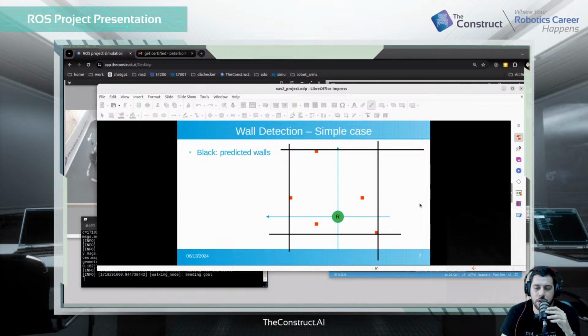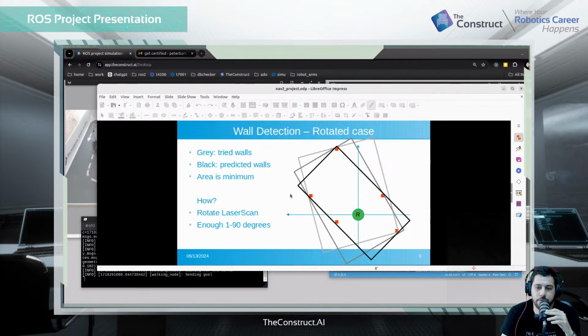Maybe the robot is not parallel with the x or y axis, so maybe the room is something like this. What I have to do is the same process as before, but I have to rotate the coordinate frame a bit.